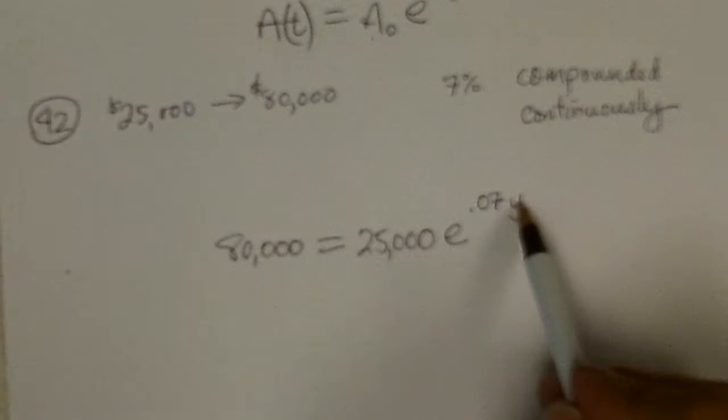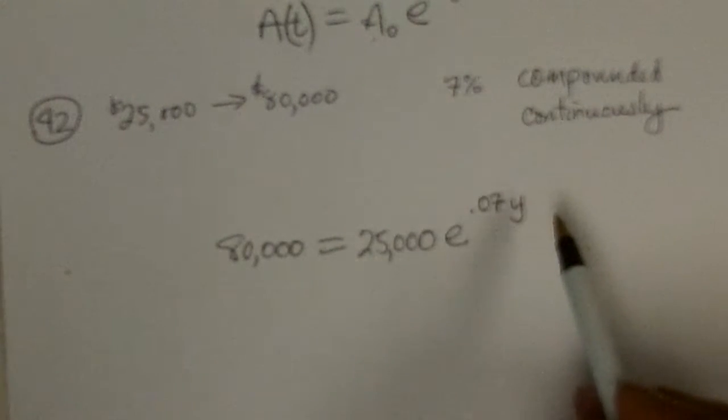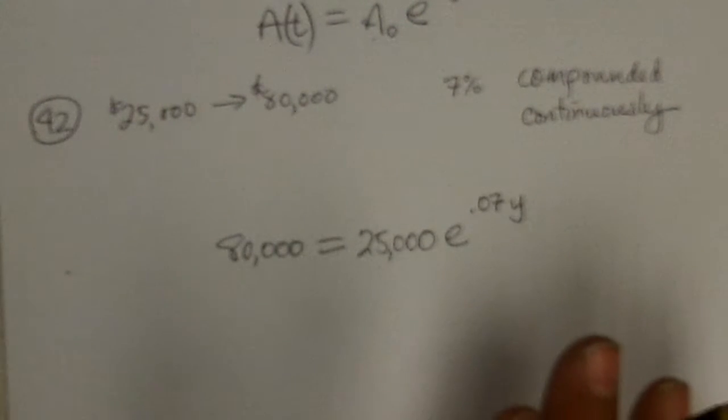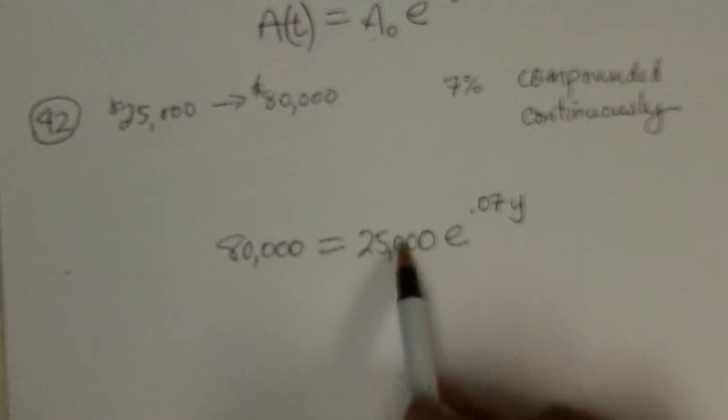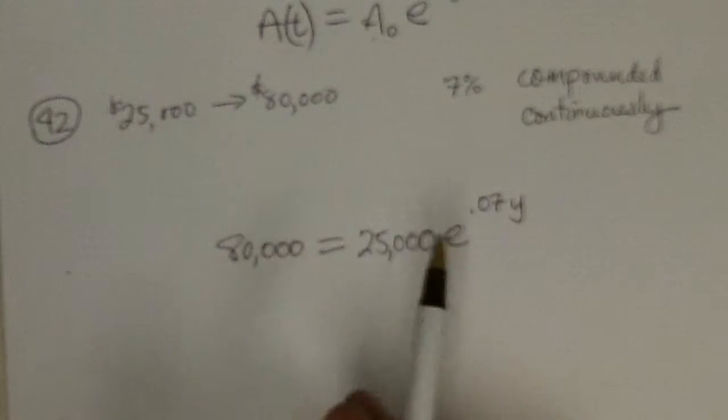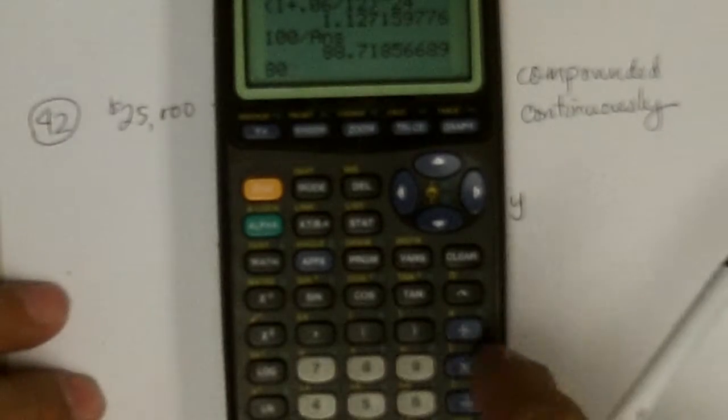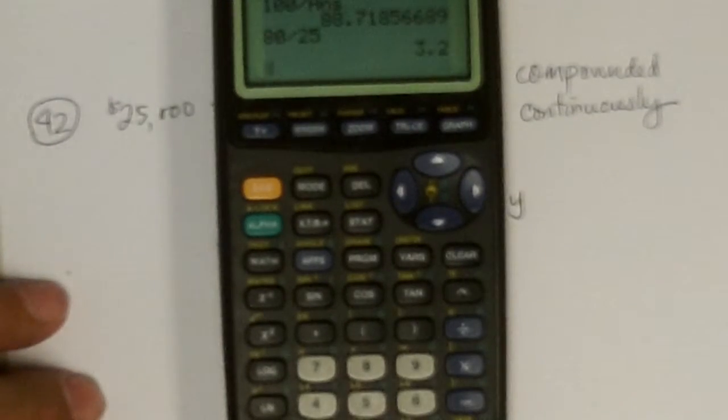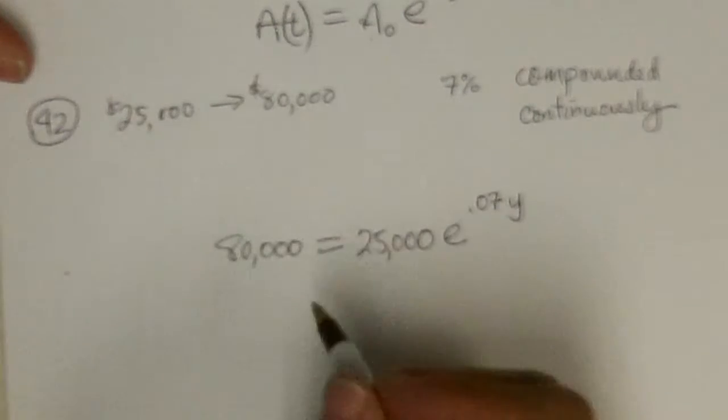So to solve for the number of years, which is in a power, we're going to have to rewrite this power equation as a log equation. But first, let's divide by the 25,000. So 80,000 divided by 25,000 is 3.2.